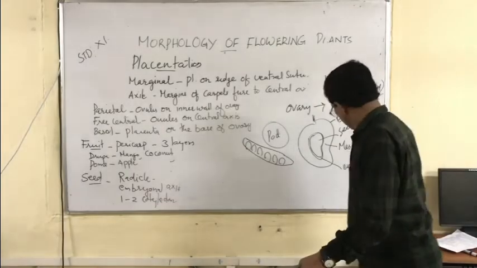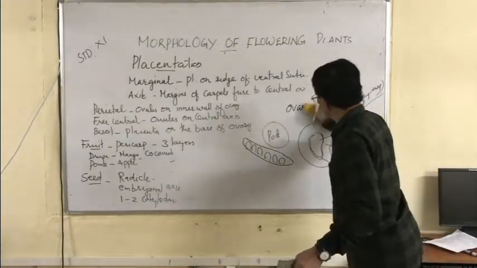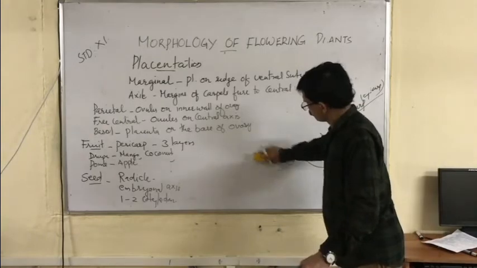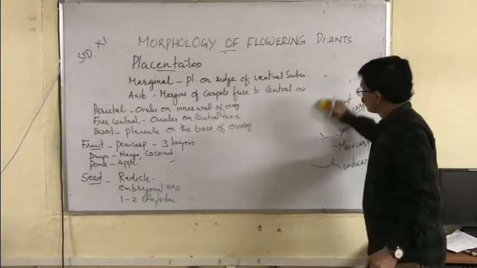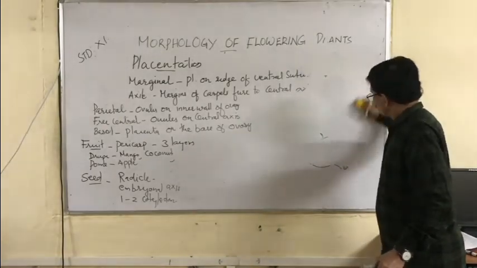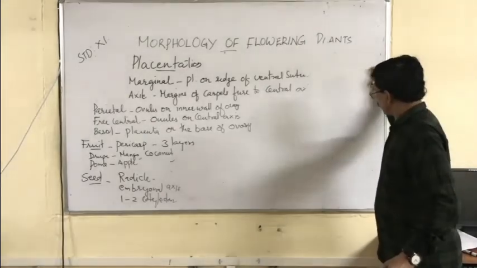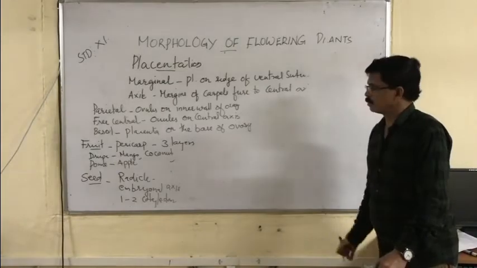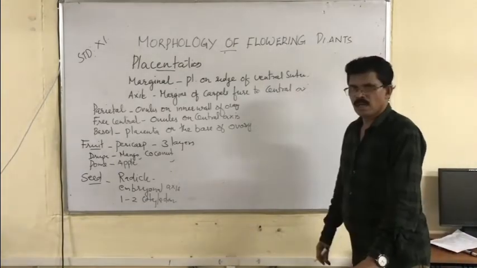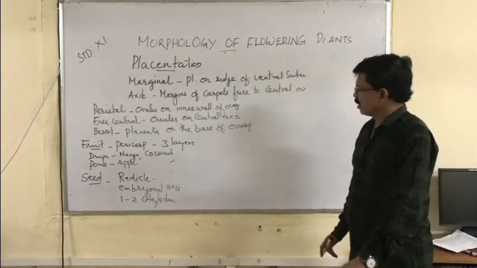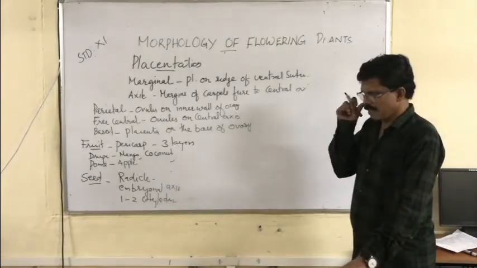Now what is seed? Seed is the fertilized ovule. Seed is the ovule formed after fertilization. So after fertilization, ovule becomes seed. And there are 2 categories of seed: dicot seed and monocot seed.